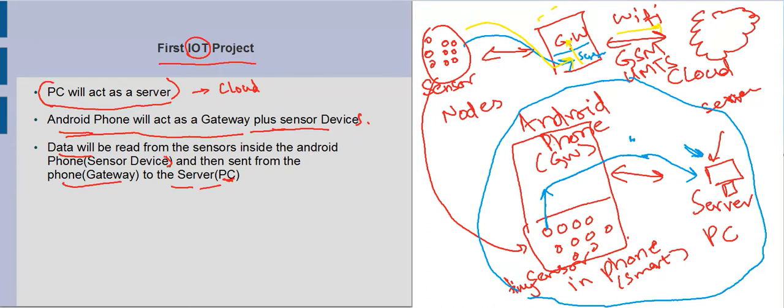So in our case, because all of you or most of you have Android phones or iPhones, and if not, you can get one from some friend, and I hope all of you have a computer as well.